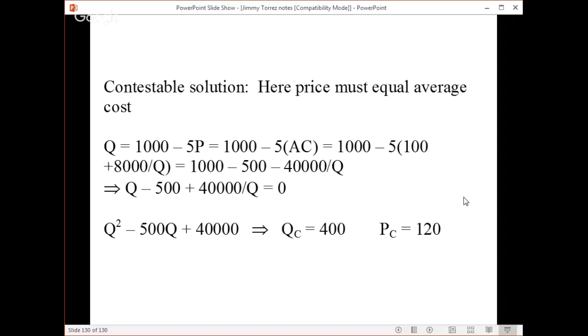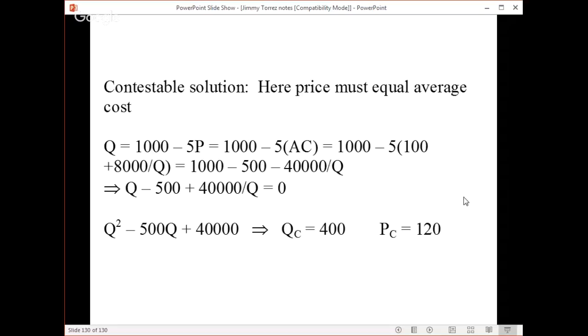What about if I have a contestable solution and somebody can enter the market? So here, price has to equal average cost to keep people out, because if they see that I'm making an economic profit, they'll enter the market. So in this case, my quantity is 1,000 minus 5P.